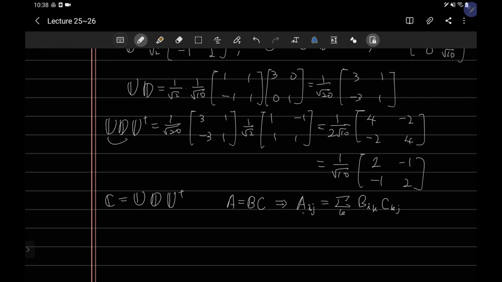So if we apply this kind of relation to here, then what I can say is c_ij is the summation over k and l.